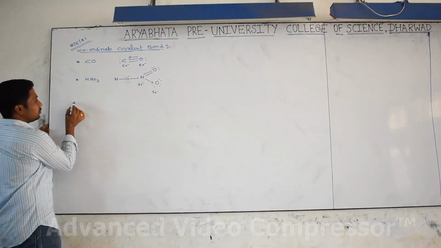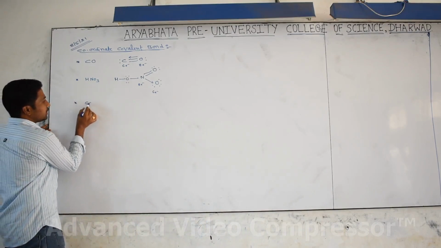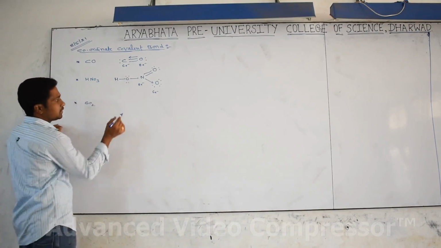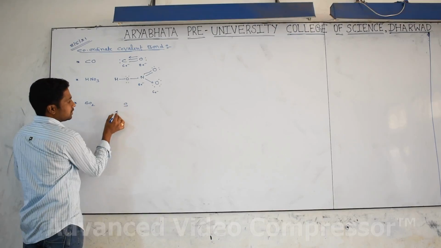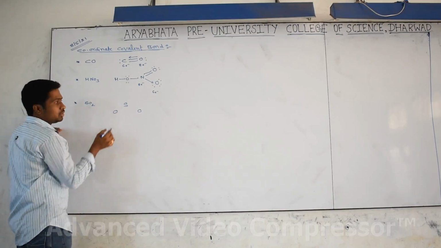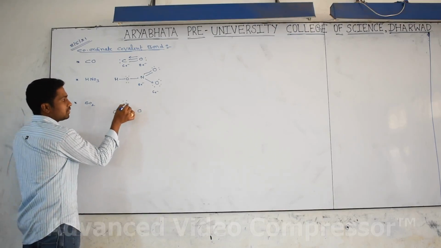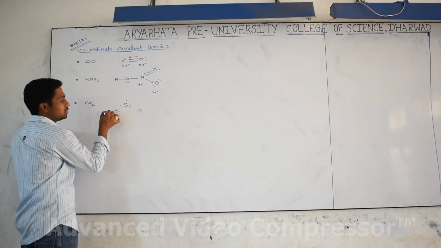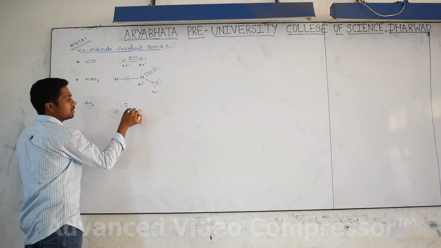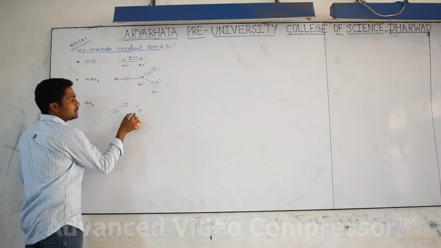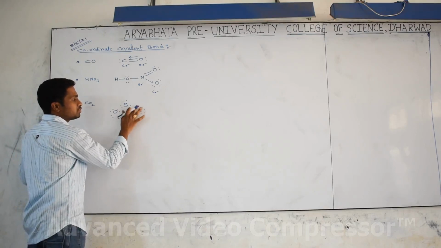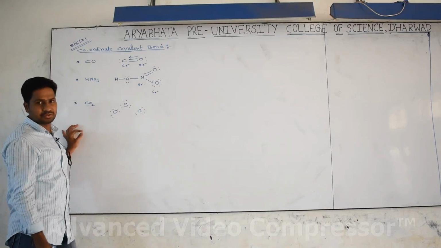And one more molecule is SO2. S, O and O. You know very well, sulfur has 6 valence electrons. Oxygen also has 6 valence electrons because they are group 6 elements, shown as 6 dots.